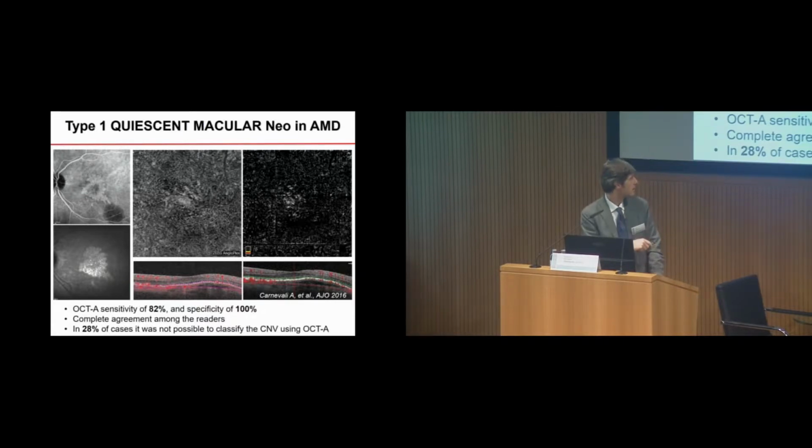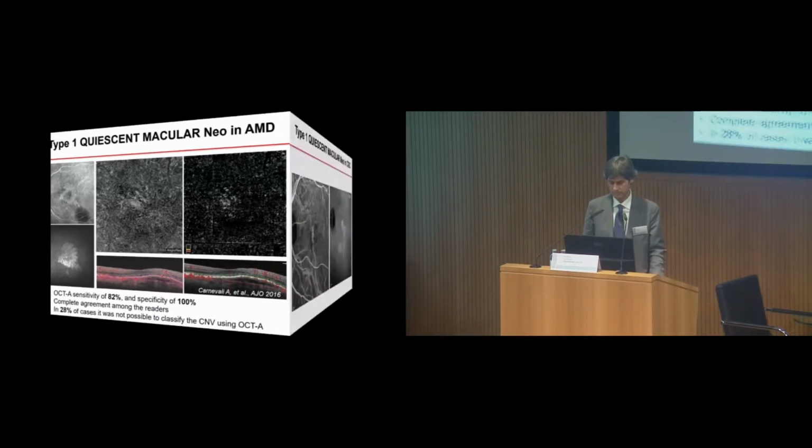This means that around 80% of cases will be well visible with just OCT-A. So it's a good tool, OCT-A, to make a kind of screening for detection of quiescent type 1 neovascularization, but if you want to really make the proper diagnosis, probably you still need to do at least ICG.